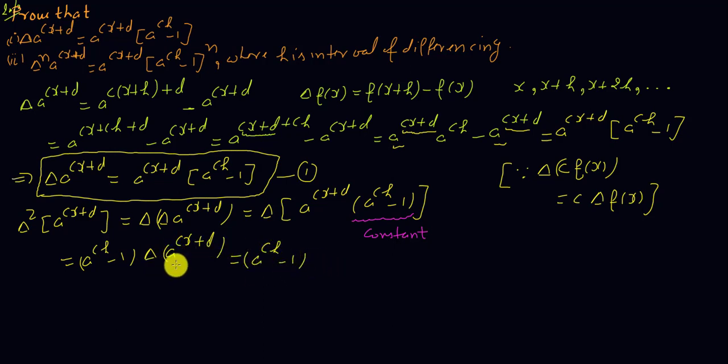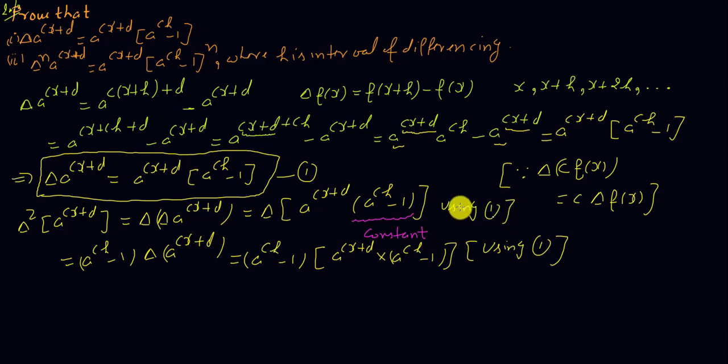Now once again I am applying equation 1, so the result will be the same. Using 1 once again, we will get a raised to the power cx plus d into (a raised to the power ch minus 1). You can mention it wherever it is required.